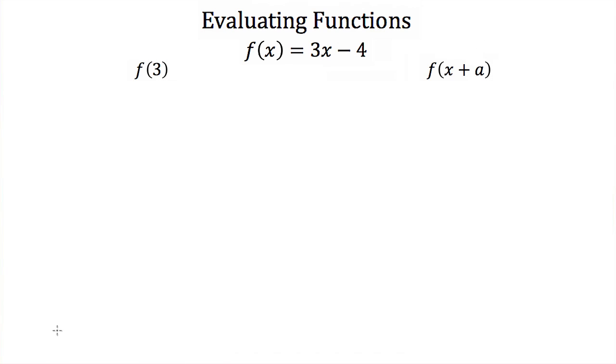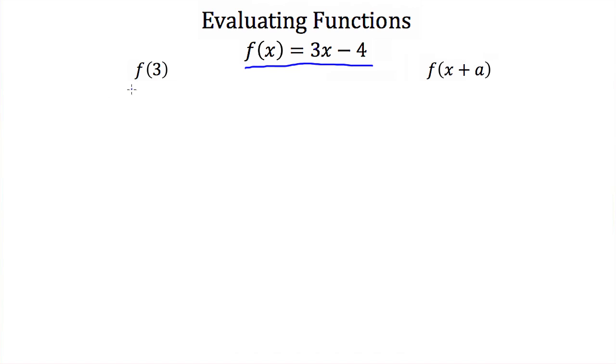So let's talk about how we find that dependent variable. Let's talk about evaluating functions. Here I have the function f of x is equal to 3x minus 4. This means that I have some function and it has the variable x in that function. My function is to take that value of x, multiply it by 3, and then subtract 4.